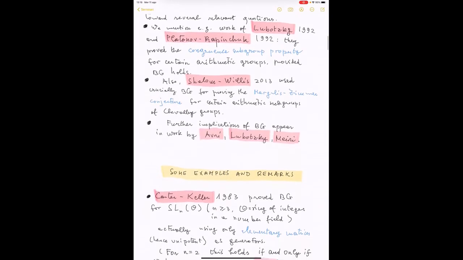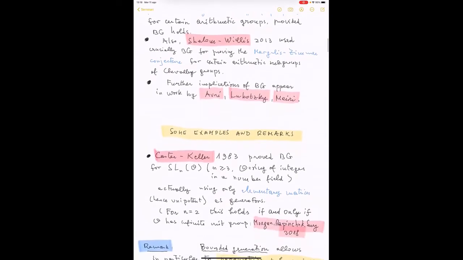In another result, Shalom and Willis used bounded generation crucially for proving the Margulis-Zimmer conjecture, which I do not recall, and actually I'm not even familiar with, but it is for experts in the field a very important conjecture, a bit technical to state, for certain arithmetic subgroups of Chevalley groups. And another implication of bounded generation appears in work by Avni, Lubotzky, and Meiri.